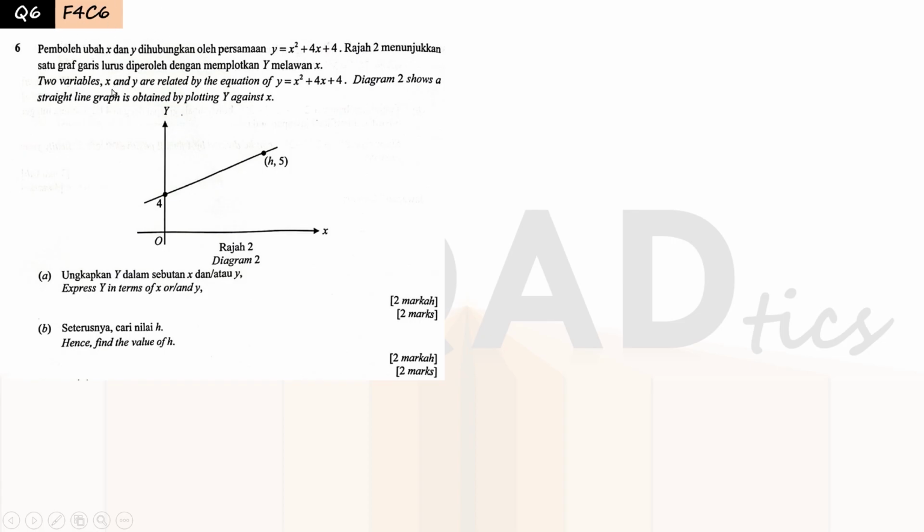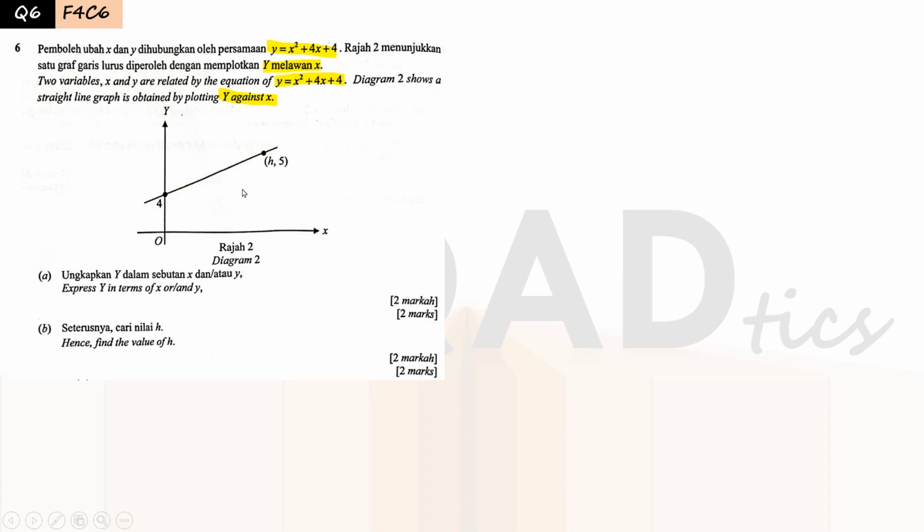So here we have two variables x and y, and they are related by this non-linear equation, because here we have the square, okay, which proves that it is non-linear. And here we are also given a diagram, and it is plotted big Y against big X. Okay, so this big Y can consist of either x, y, or both x and y.